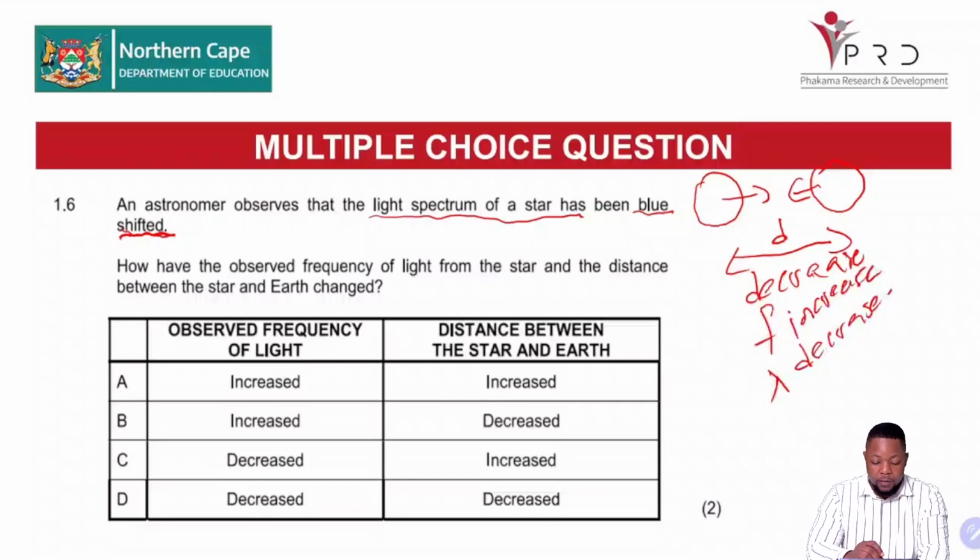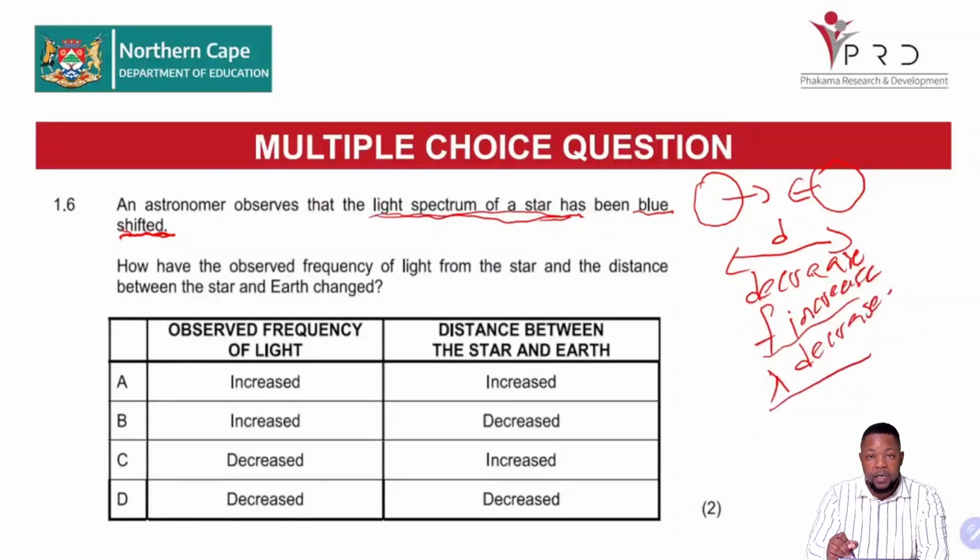Now, let's see as we carry on. We're just looking at what the statement is saying. The light spectrum of a star has been blue shifted. We understand that blue shift means that the absorption lines of the spectrum are shifted towards the blue end of the spectrum with a higher frequency and shorter wavelength, and that should indicate that the two objects are moving towards each other. And if the two objects are moving towards each other, we expect the distance between them to decrease.